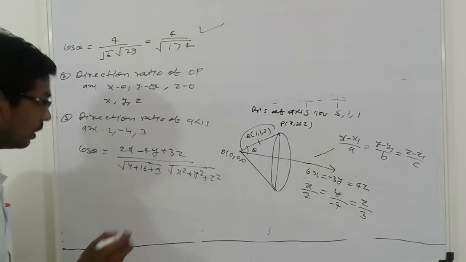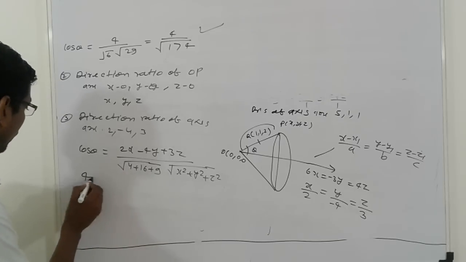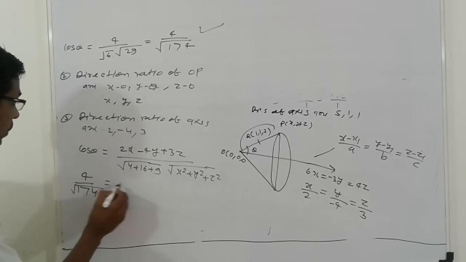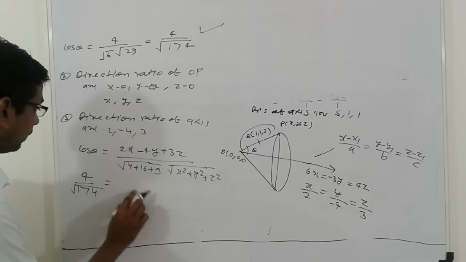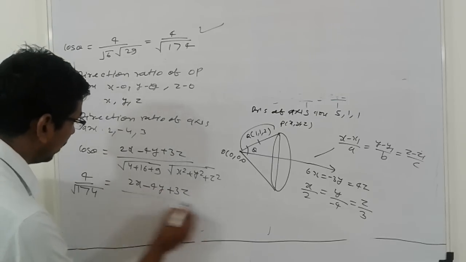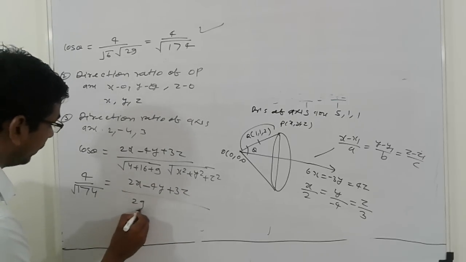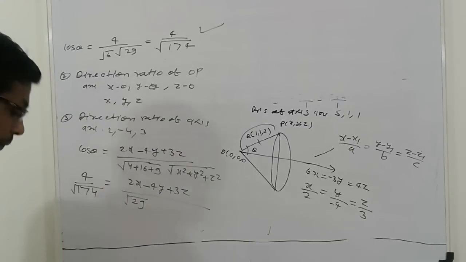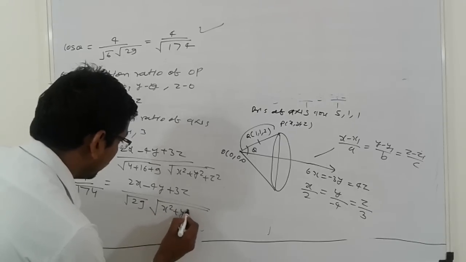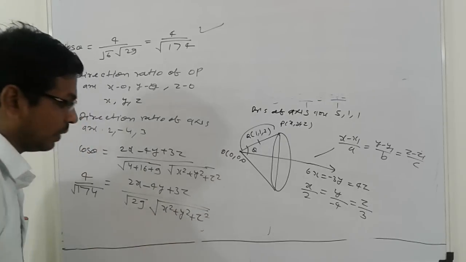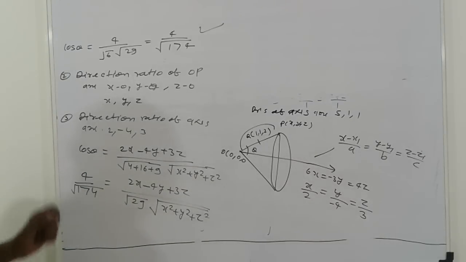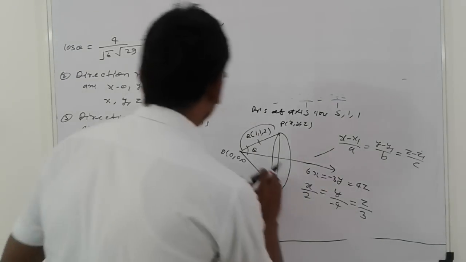So cos theta here is found, so 4 upon root 174, write down under roots, equal to 2x minus 4y plus 3z, and here 16 29, and square root of this x square plus y square plus z square. So आपको simplify करना है here. Simplify this, squaring on both sides and calculate this.